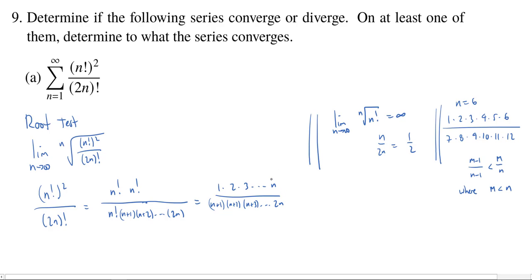So what's happening here? We know that each one of these pairs, right, up and down, is going to be less than or equal to 1/2, the biggest one we have up here. And so this product is going to be less than n copies of 1/2 multiplied together. So what we've just shown is that each term in the sequence is bounded by 1/2 to the n.